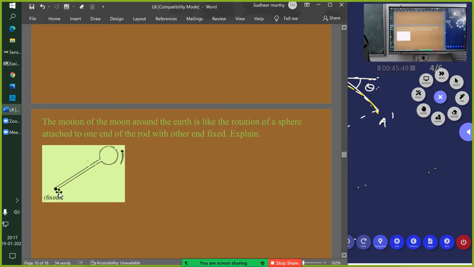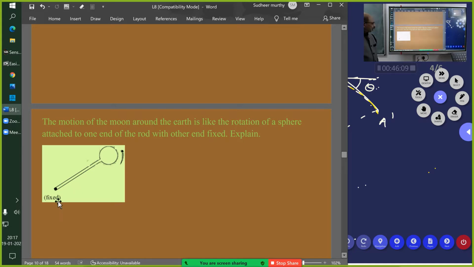That means if you say this fixed end is earth, but earth itself is rotating, and the moon is also revolving and rotating. Okay, so now, what is the moon doing?